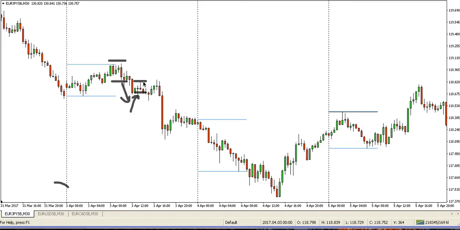This one stops out, it moves away, it retraces, I can add another trade. Price moves away, it retraces, I can add another trade. Next day, no entry, it moves away, it retraces, I can add another trade.